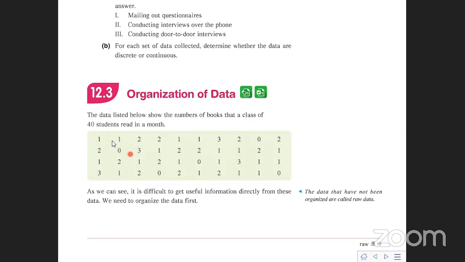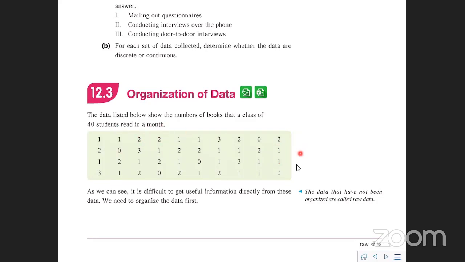Therefore, in this case, imagine if you have asked 40 students, and someone answers that he or she reads one book, and the other one reads one book, and you just write down the answers like that: 1, 1, 2, 2, 1, 1.